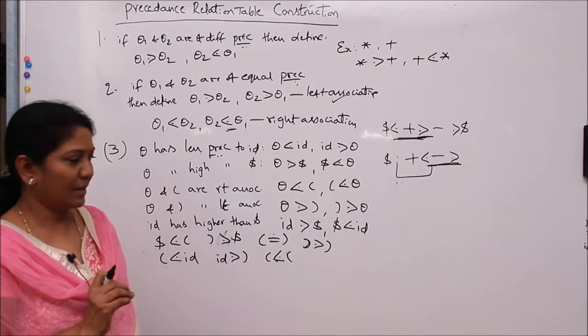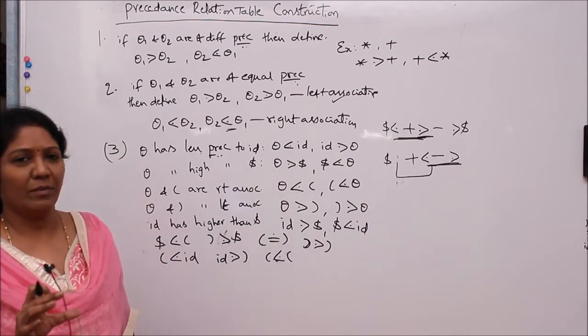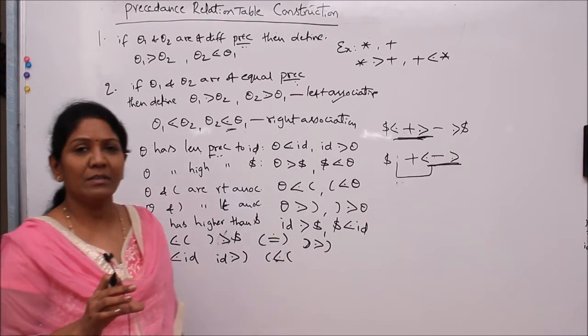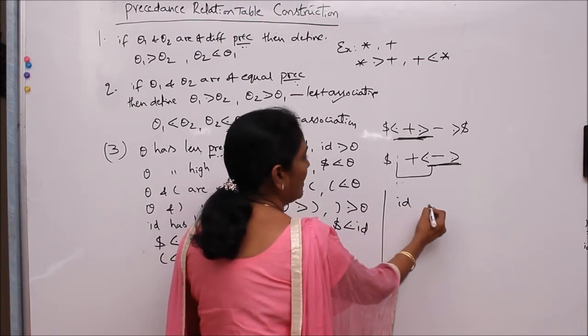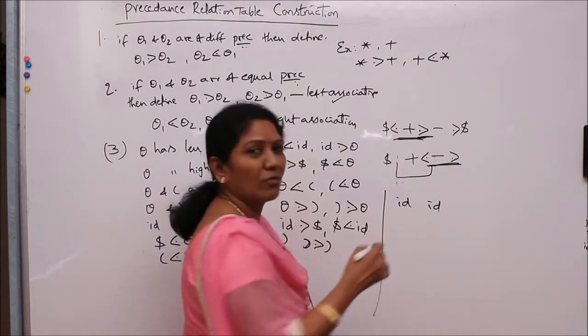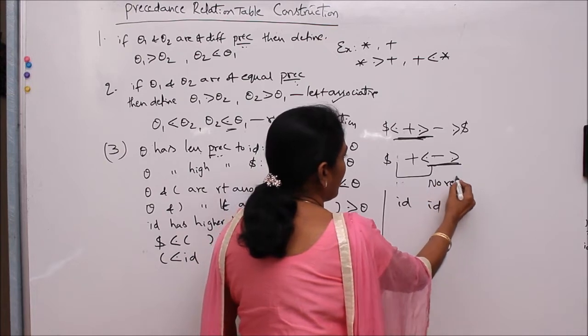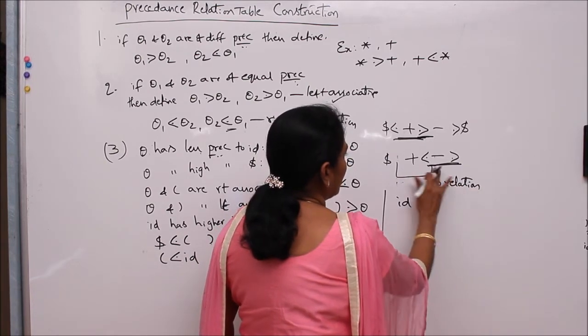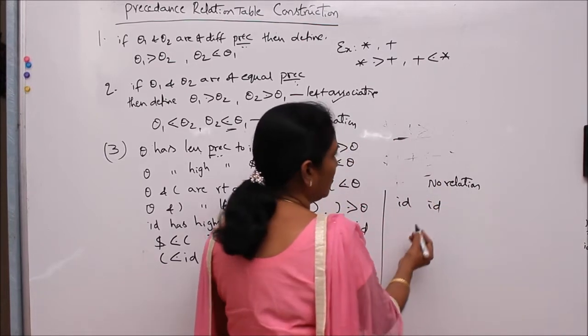identifying the particular substring. Remember, between some terminals there will not be any relation. The best example is between ID and ID there is no relation, because we never come across ID followed by ID in any expression. This is for no relations. No precedence relation exists between ID and ID.